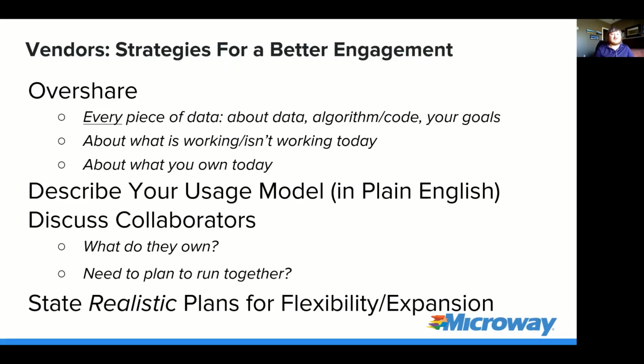And then finally, this is one that we get quite frequently. State realistic plans for flexibility or expansion. It's important to share with your vendor if you think you're going to upgrade this system, for example, to have twice as many GPUs down the road. But keep that statement realistic. I can't tell you the number of times that I've been told that we want to highly prioritize the expansion for more GPUs.